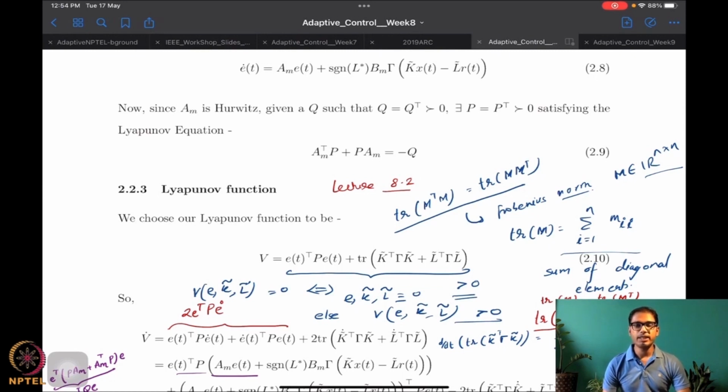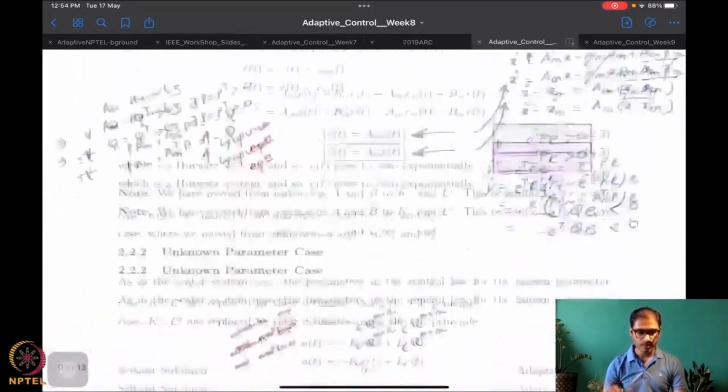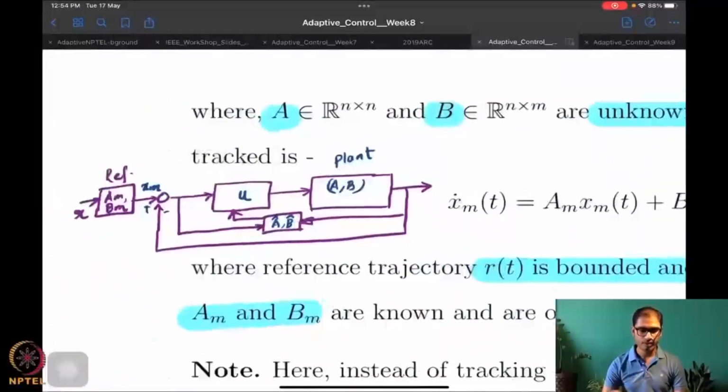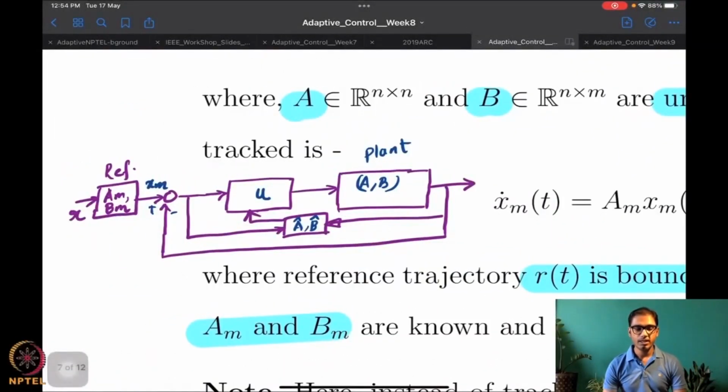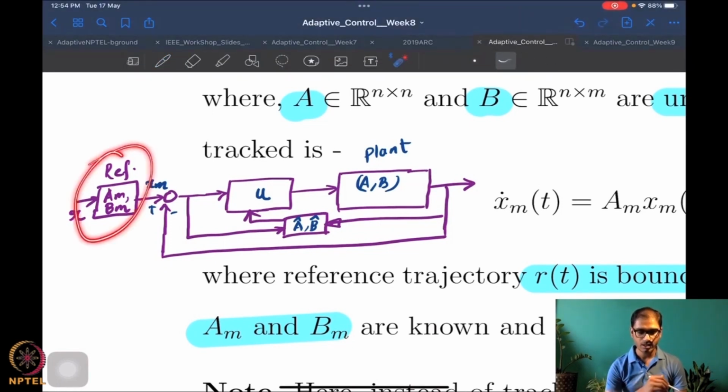The basic difference from what we have been doing before this is that here we actually track a state that comes out of a reference model rather than just a reference signal. So I believe the picture looked somewhat like this, right? That is the big difference here, that you have a reference model instead of just a reference state, right?